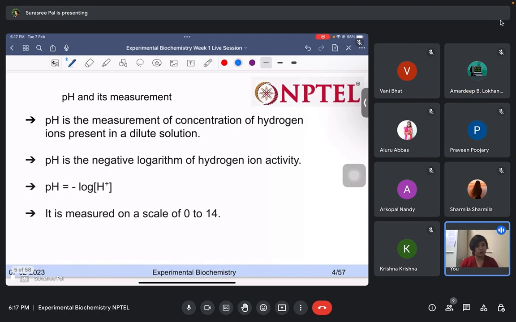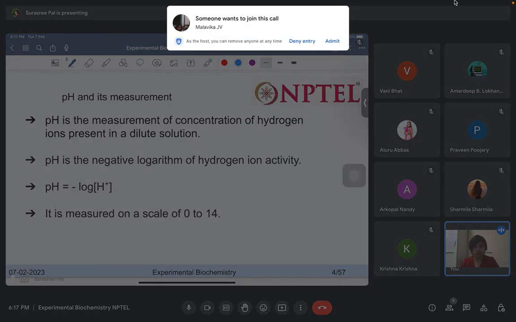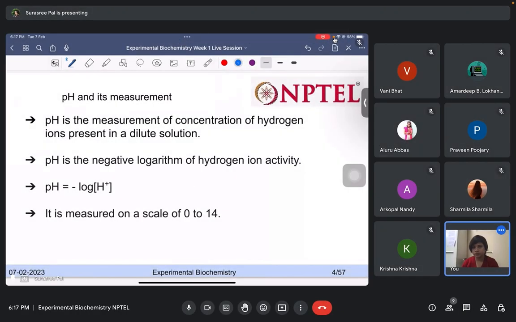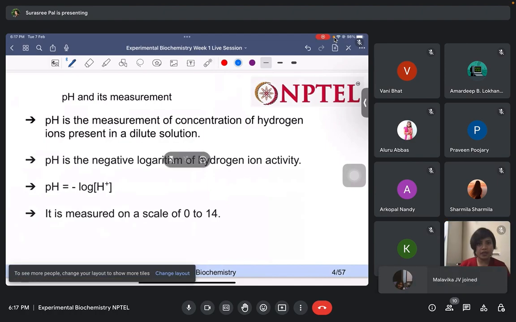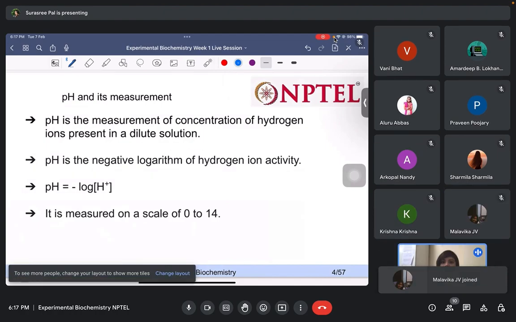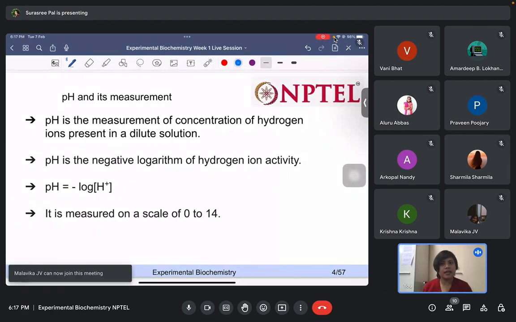Now we will come to pH and its measurement. What is pH? pH is a measurement of the acidity or basicity of any solution. pH is basically the measurement of the concentration of hydrogen ions present in any dilute solution. And what is the formal definition of pH?